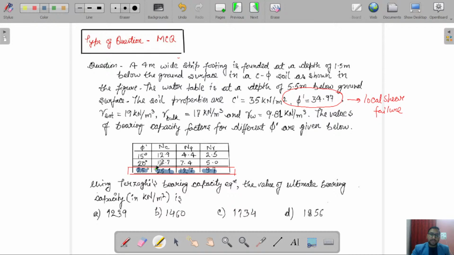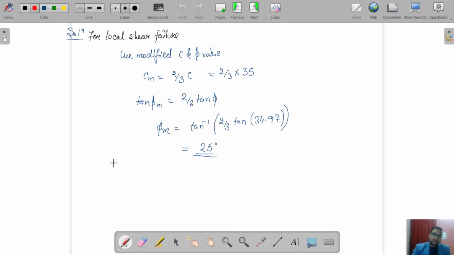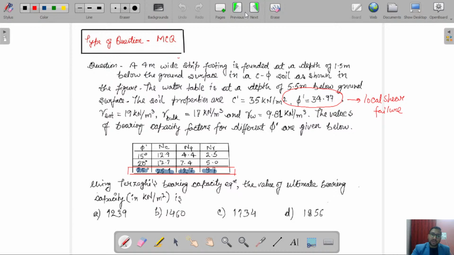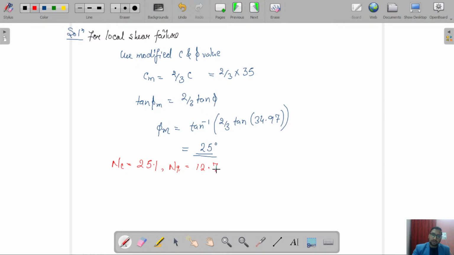So our Nc value is 25.1, Nq value is 12.7 and N gamma value is 9.7.